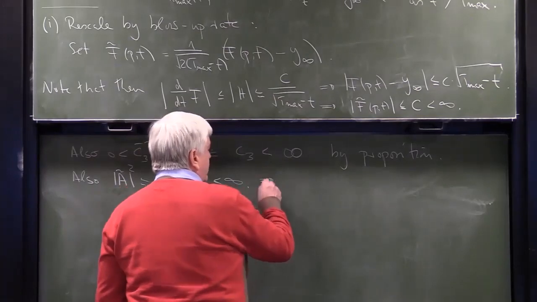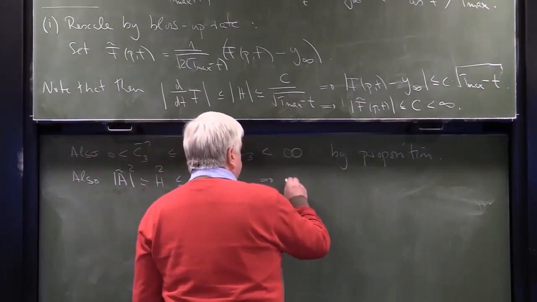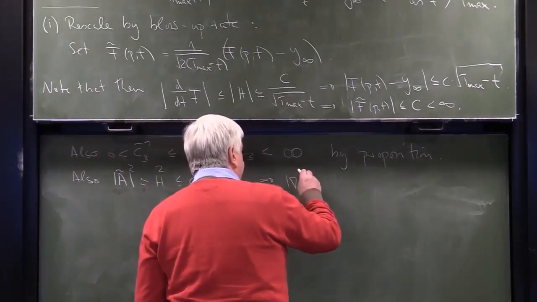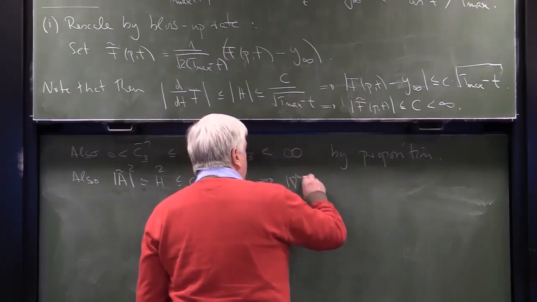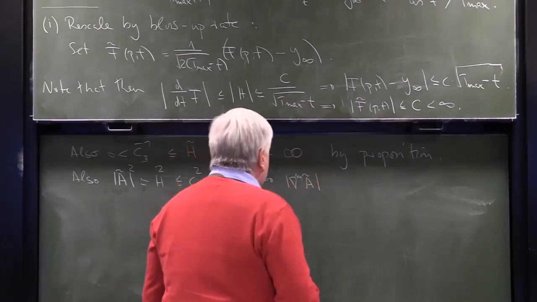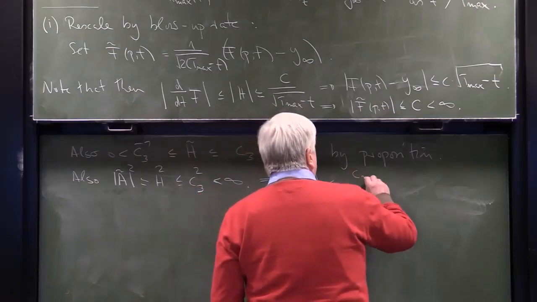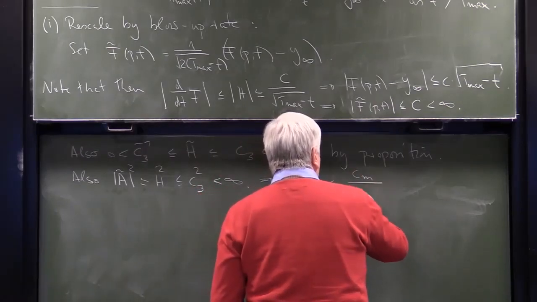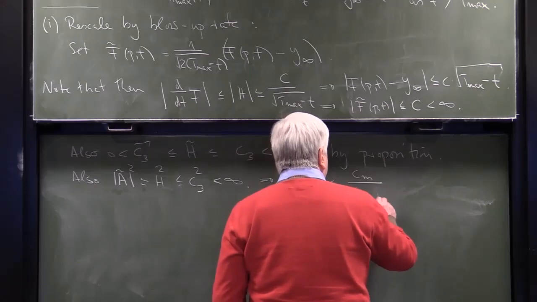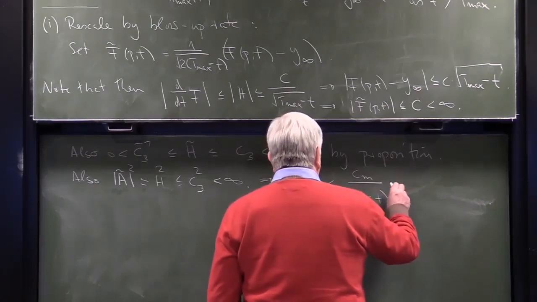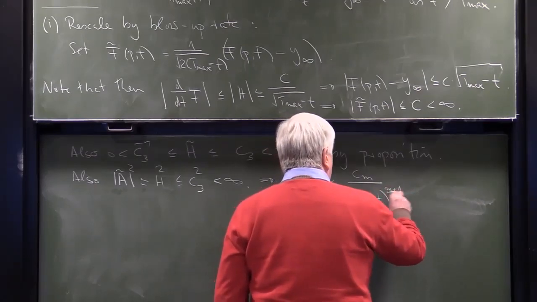So from there, you get that, say, the gradient n of A is less than some constant depending on n divided by Tmax minus T to the appropriate power n plus 1/2.